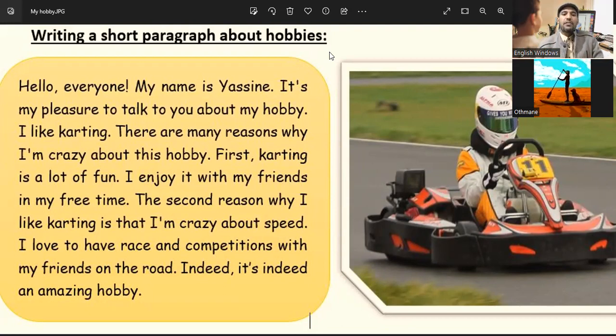If you see this paragraph here, Othman, you can see that it has three basic parts, right? What do you think is the end of the first part of this paragraph?